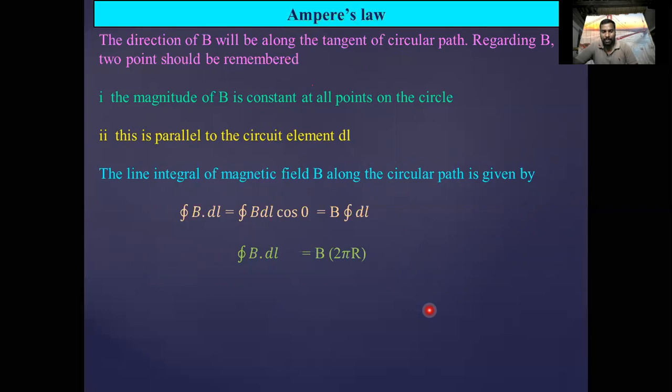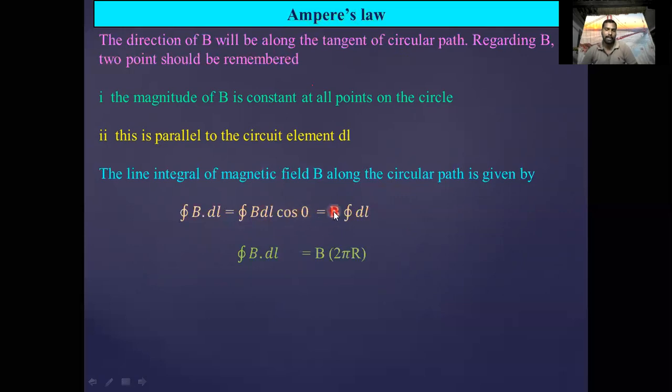in this dot product, we have to choose cos of the angle between the magnetic field and the element dl, which are parallel, making angle 0. That's why integral B dl cos 0. Cos 0 is 1.